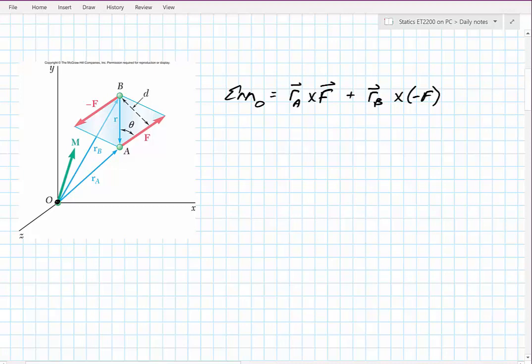And I can factor out this force since I know it's equal in magnitude, and that would equal the radial arm of A minus the radial arm of B, crossed with the vector of the force.